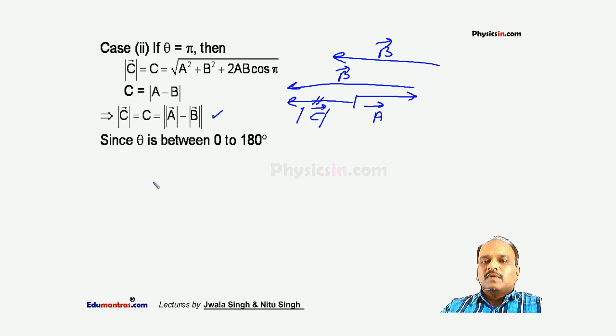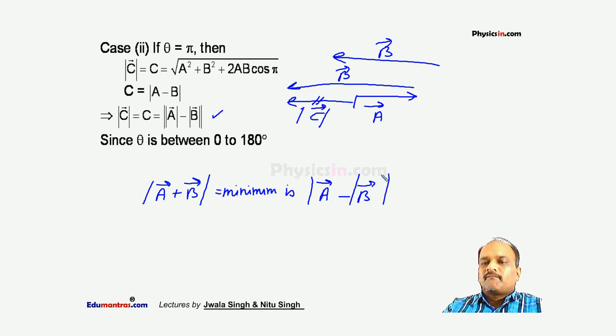So the minimum is mod of A minus B. It is possible when the angle between the two vectors is 180 degrees.